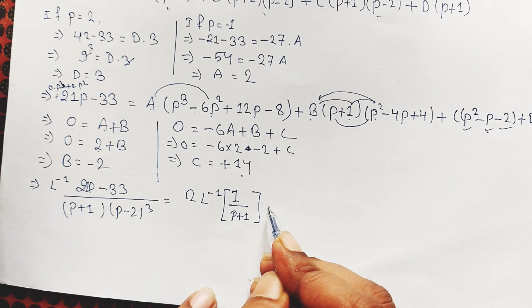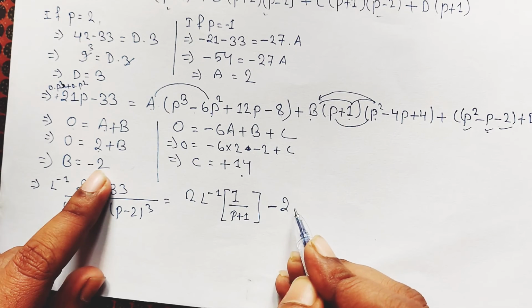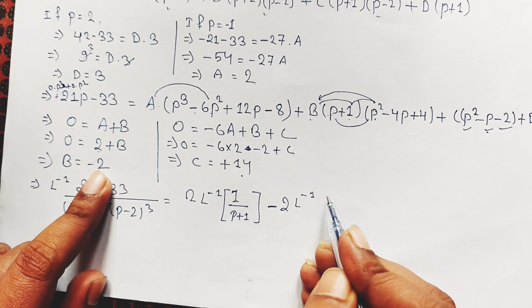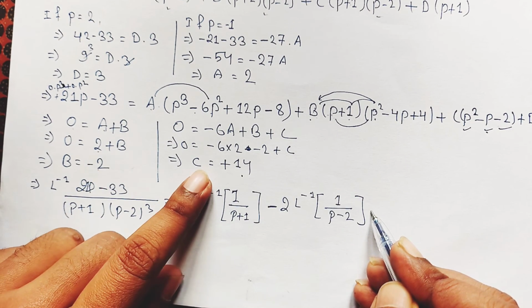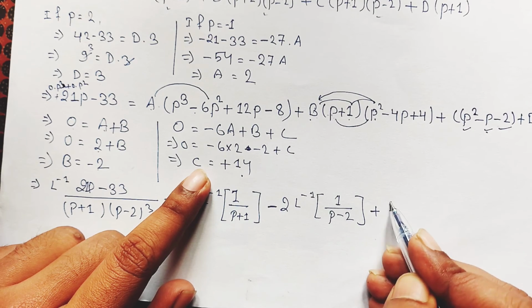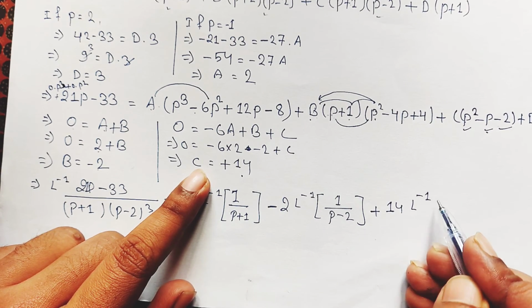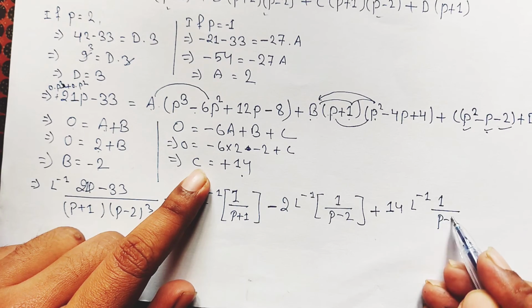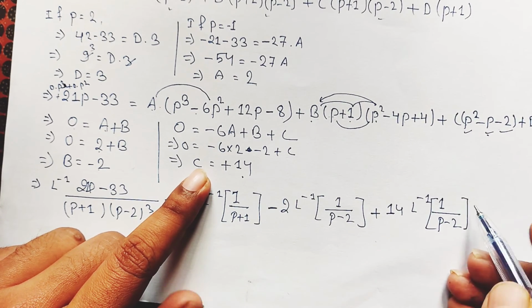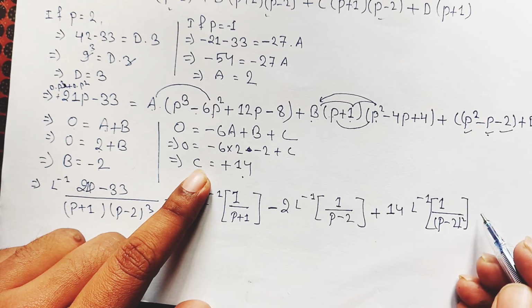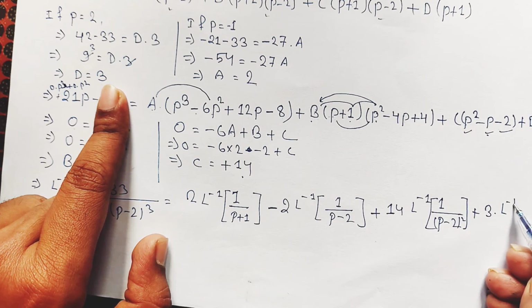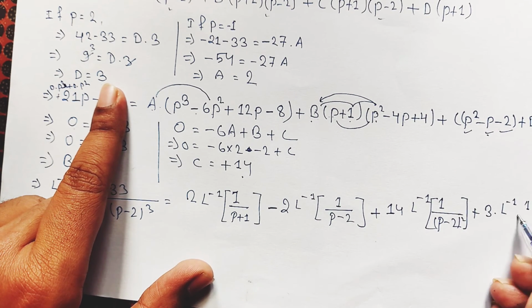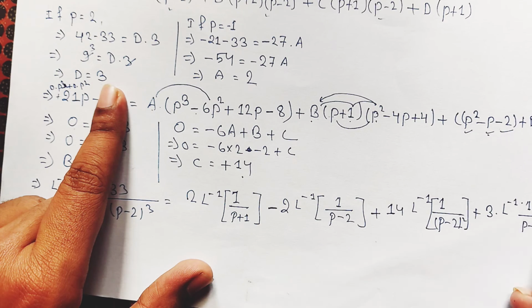Okay, and we have the value of b equals -2, so -2 times the inverse Laplace transformation of 1 upon (p - 2), and the value of c is plus 14 times the inverse Laplace transformation of 1 upon (p - 2)^2, and we have the value of d equals plus 3 times the inverse Laplace transformation of 1 upon (p - 2)^3, and use the bracket here.